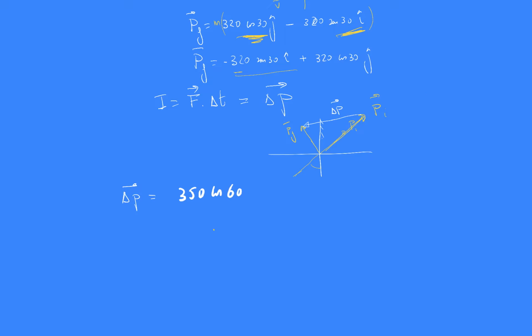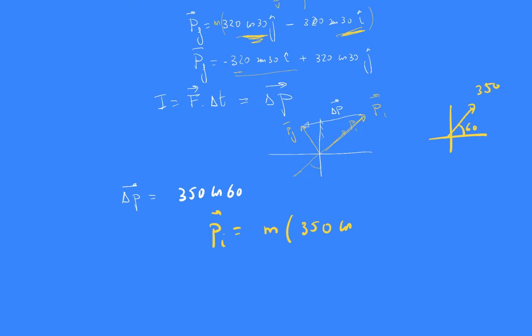So I have PI. Who is PI? It was the mass, you make the multiplication now, times 350, the magnitude of the velocity. I put it in terms of the angle. This is 60, and this is the 350.